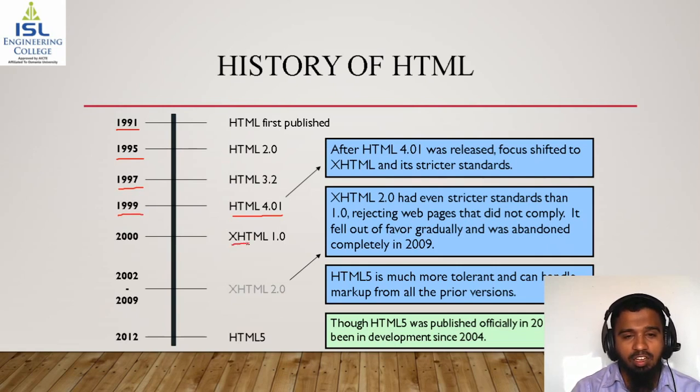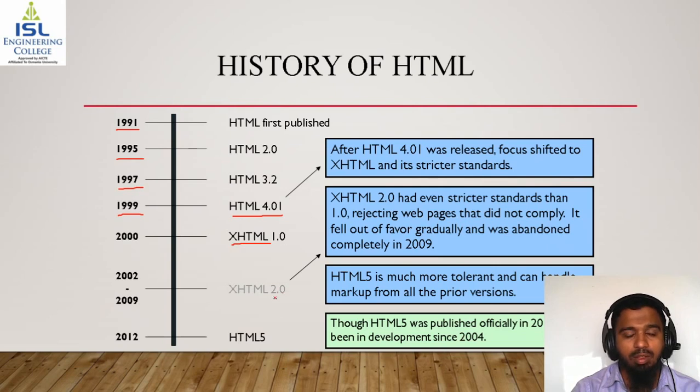Then XHTML, which is Extensible Hypertext Markup Language, version 1.0, and from 2002 to 2009 XHTML 2.0 was in development.